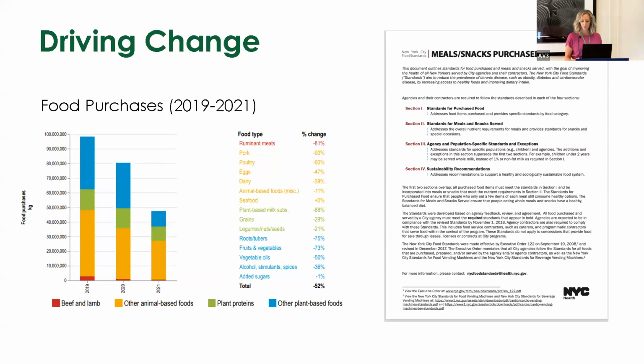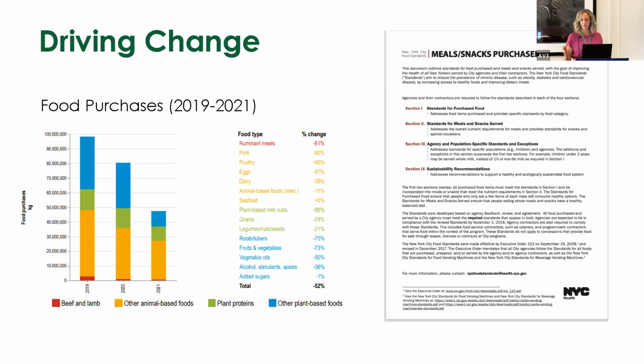It is through those food standards, which specifically call for reducing the number of times a week that beef in particular can be served, and introducing minimums for the number of times that plant-based proteins, particularly beans, should be served. We're recognizing that we are serving a very vulnerable population of New Yorkers, and this is really trying to drive healthful choices in their diets.